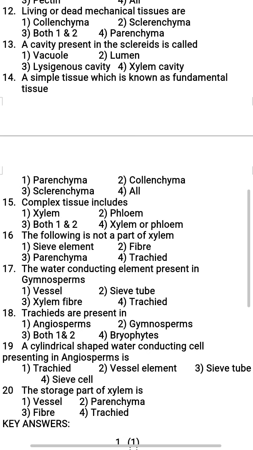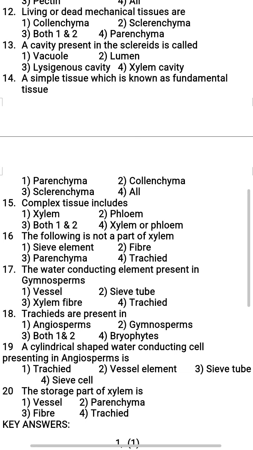Then the parenchyma cell walls are thin and made up of cellulose. They may either be closely packed or small intercellular spaces are present. Is it clear? So this is a deep explanation regarding parenchyma.